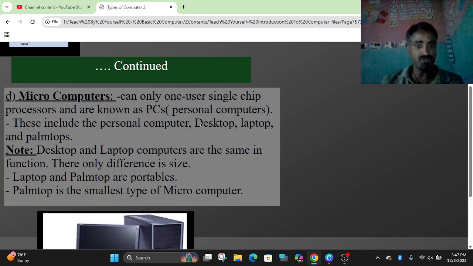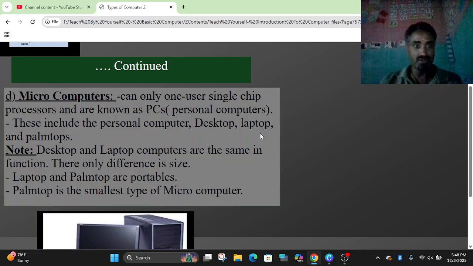The functionality is also limited. Desktop and laptop have equal functionality, and their only difference is size. Laptop computers can do what desktop computers can, but not palmtops.